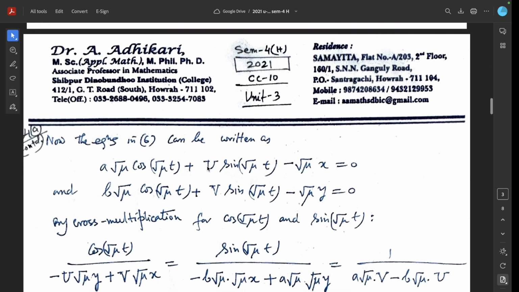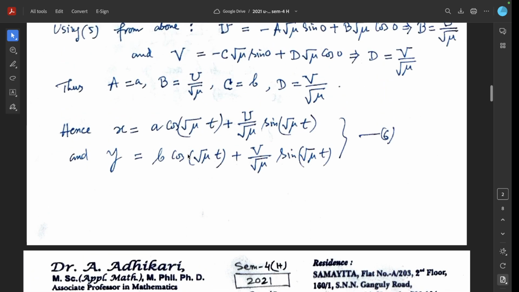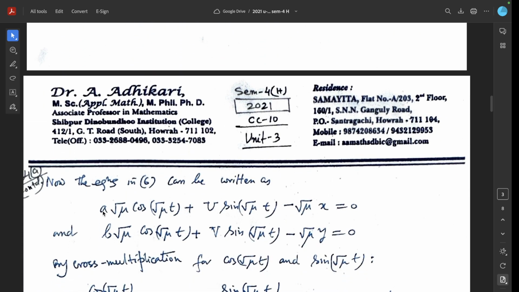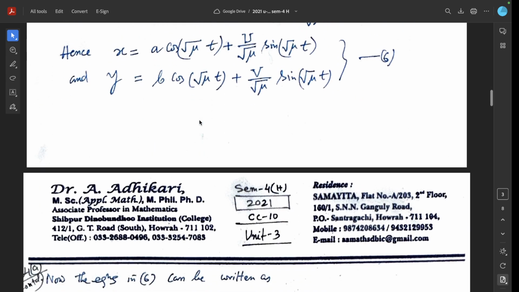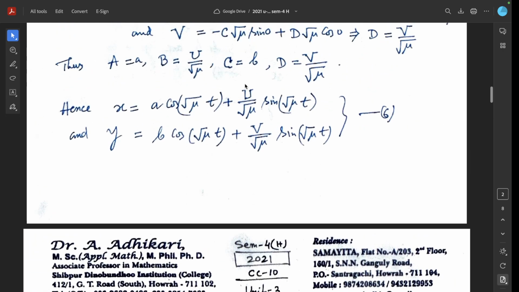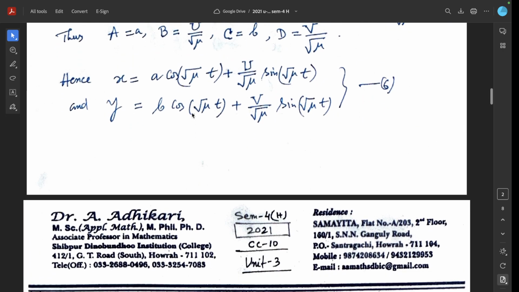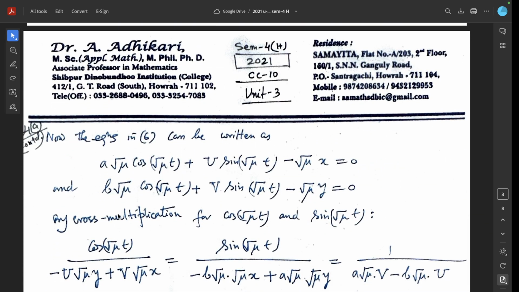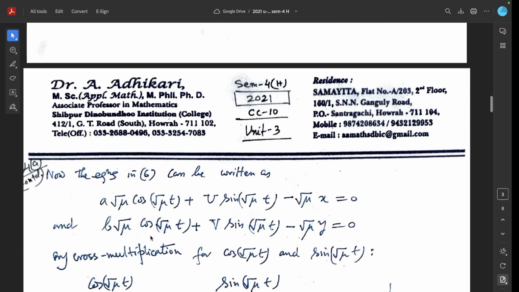Now equation 6 can be written as: a root mu cos root mu t plus u sin root mu t, minus root mu into x equal to 0. And from the second equation of equation 6, multiplying by root mu on both sides, we get a similar equation.